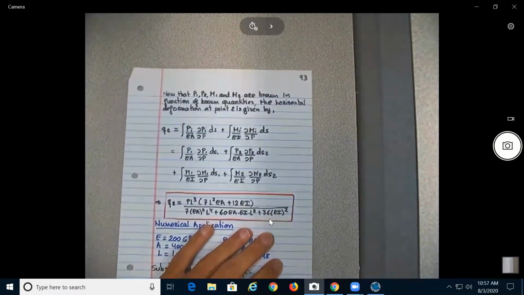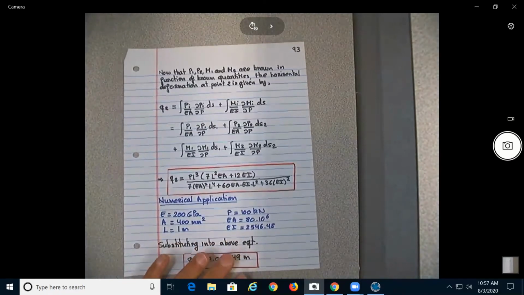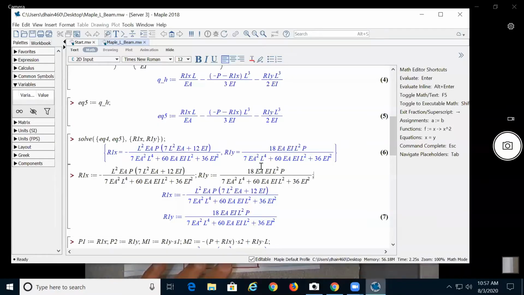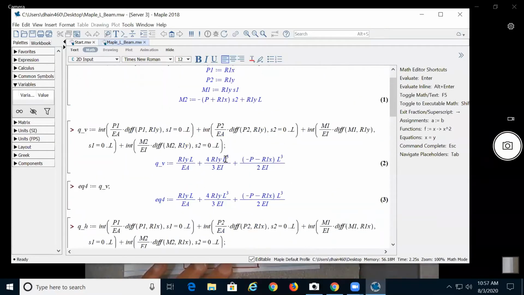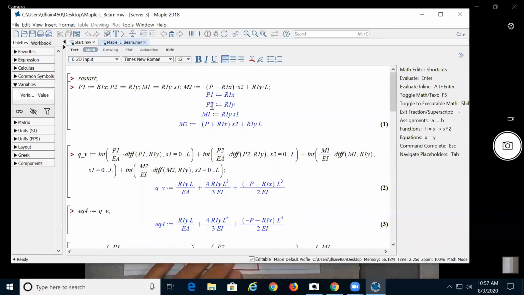So now that we know R1x and R1y, if you remember, let's look at the Maple file. We had all the values of P1, P2, M1 in function of R1x, R1y, and M2 in function of R1x, R1y.